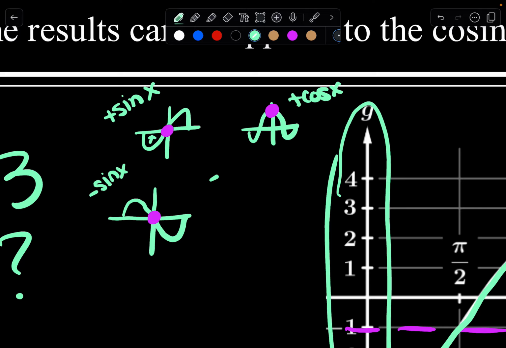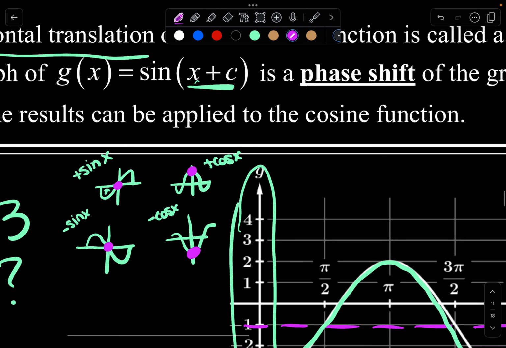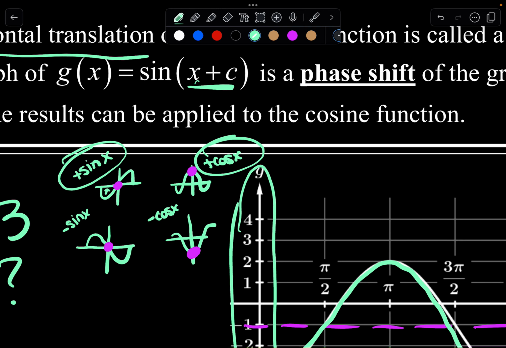Same thing for cosine. Instead of a maximum being on the y-axis, we will have the minimum on the y-axis. So it'll look like this. This is when it gets a little tricky, because before it was either sine or cosine, but now you might be pigeonholed: it might be negative sine or negative cosine.